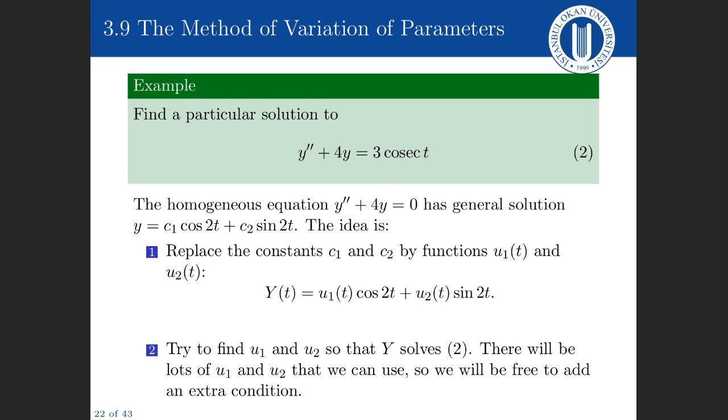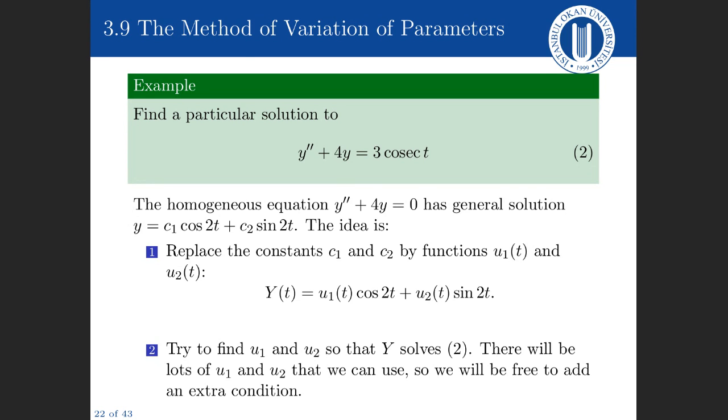When we try to find u1 and u2, we will find that there are infinitely many functions that we could use if we wanted to. We only need to find one pair of functions. We don't need to find every single u1 and u2.